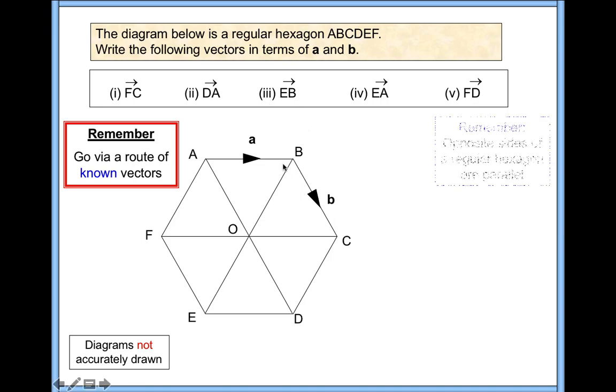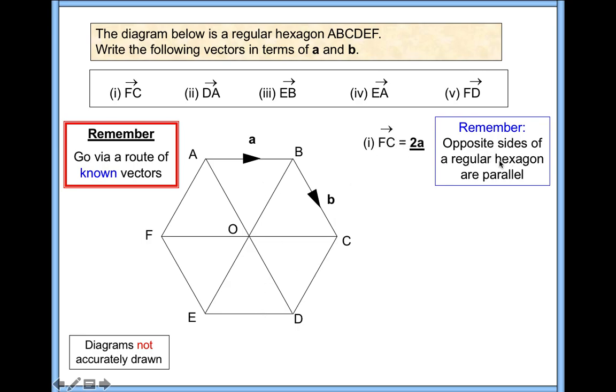Opposite sides of a regular hexagon are parallel. Remember this rule I gave you. So here vector AB and vector ED are parallel. These are opposite sides. Side AB is opposite to side ED. So opposite sides of a regular hexagon are parallel. So vector AB and vector ED are equal.